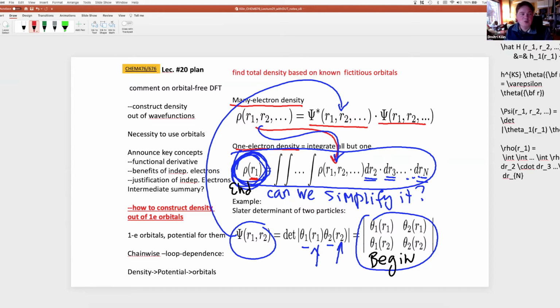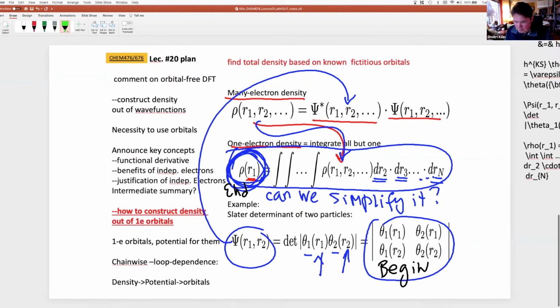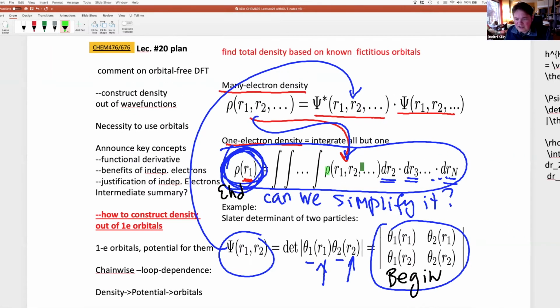So we need to project this multi-electron density that depends on R1, R2, and so forth, onto only one coordinate. So we need one-electron density. And this can be achieved by performing integration over all Cartesian positions, or all positions of atoms, except the position of not atoms, electrons, of electron number 1.